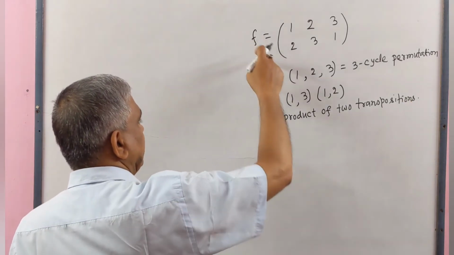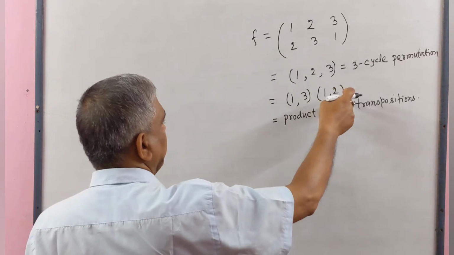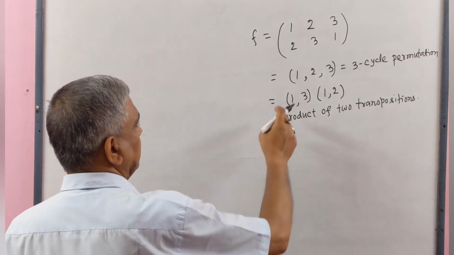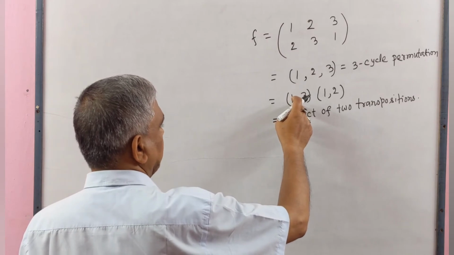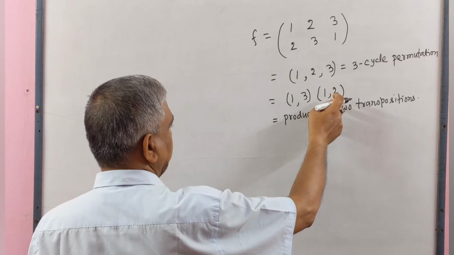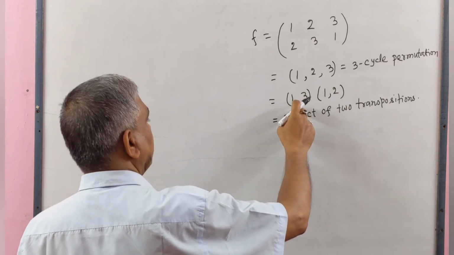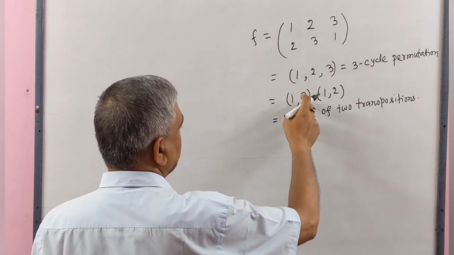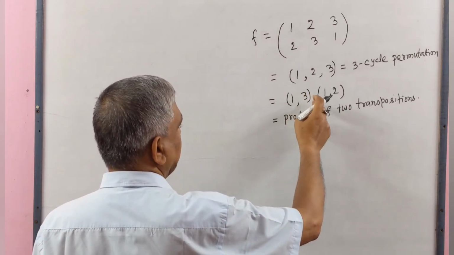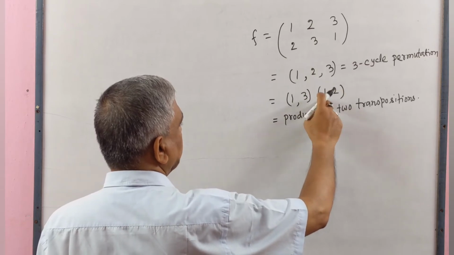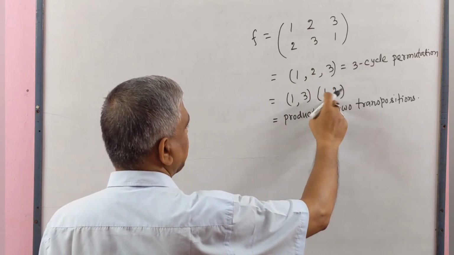That is, f is the product of an even number of transpositions. This is one transposition, this is another transposition. Transposition is a 2 cycle permutation. Here this is a 2 cycle permutation (1 3), number of elements being 2. Here this is also a 2 cycle permutation, number of elements being 2.